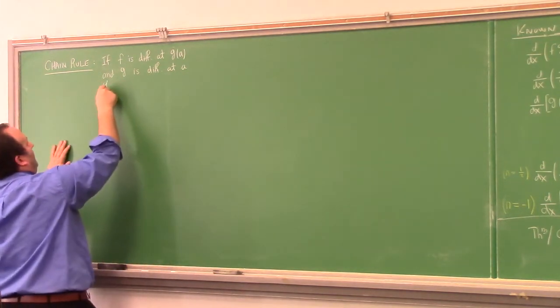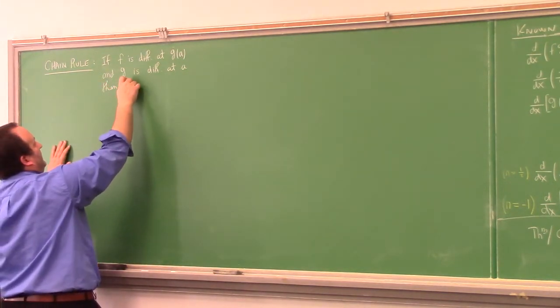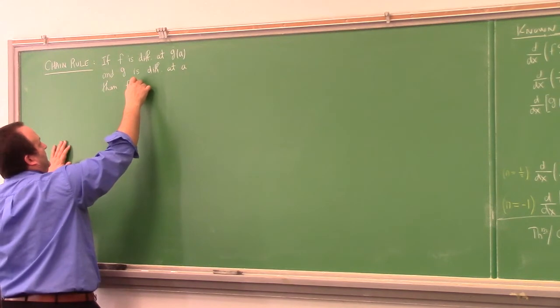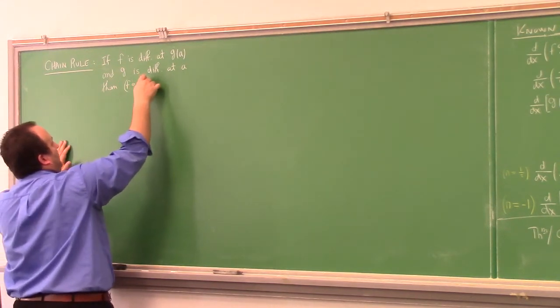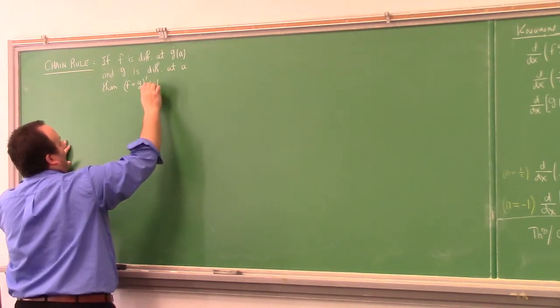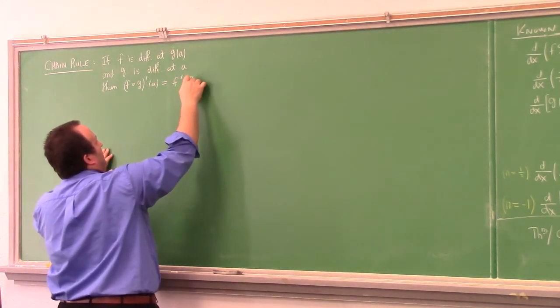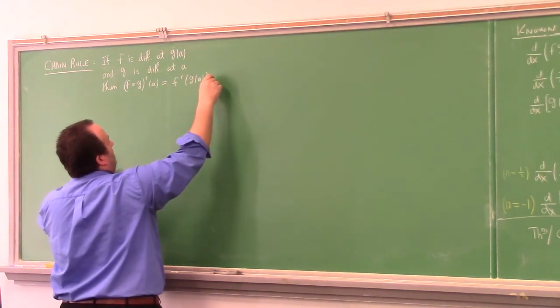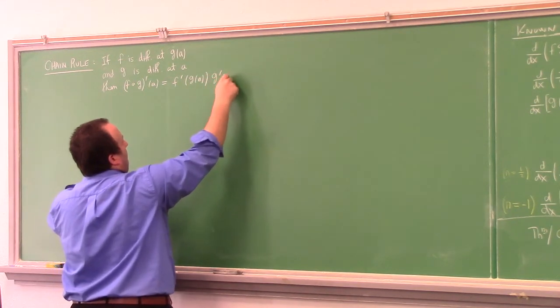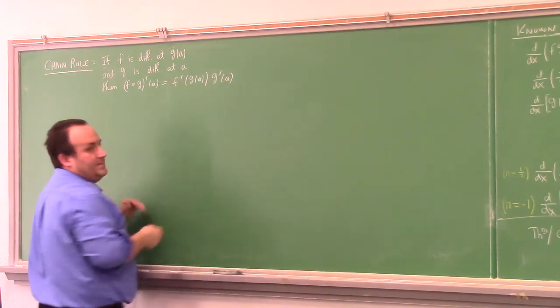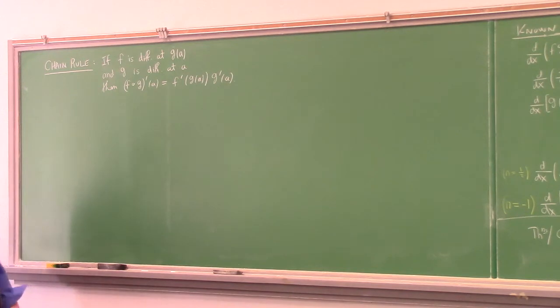Then the derivative of f composed with g at a is equal to f prime of g of a times g prime of a. This is the chain rule.